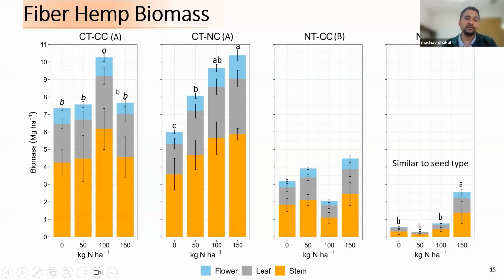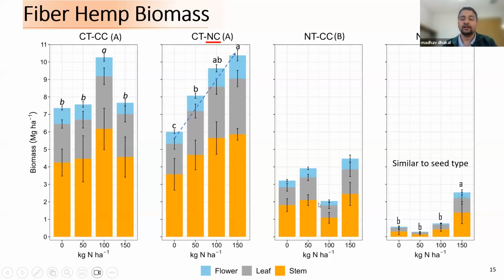That means with cover crop, if we add more nitrogen, it could be antagonistic to the hemp biomass production. But without cover crop in the system, the fiber hemp biomass can be improved with nitrogen application. After 100 kilogram per hectare, there is no such improvement. Statistically, these two are the same. So I would say 100 is ideal for the fiber hemp biomass production as well.